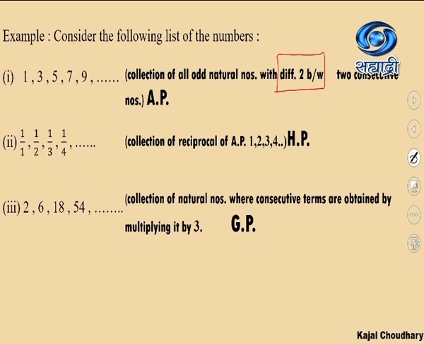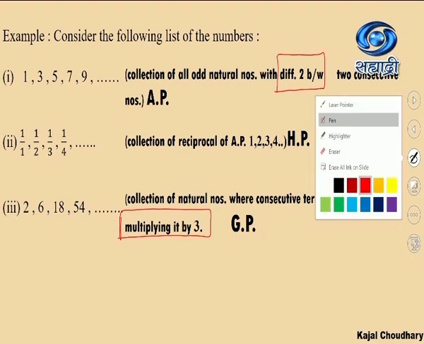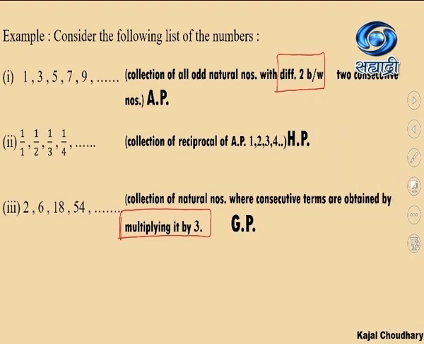If you reciprocate 1 upon 2, 1 upon 3, 1 upon 4 and write it as 1, 2, 3, 4, it becomes an arithmetic progression. Such a kind is harmonic. Whereas in the last, the relationship is multiplication. So whenever we get a multiplication or division relationship between consecutive members of the progression, it will be GP. Anyhow, right now we have to concentrate on the first type, which is arithmetic.